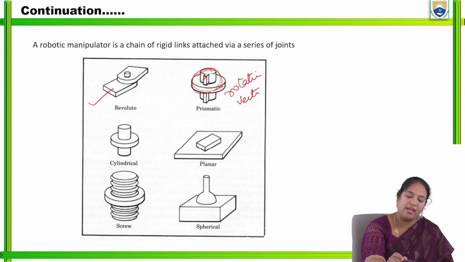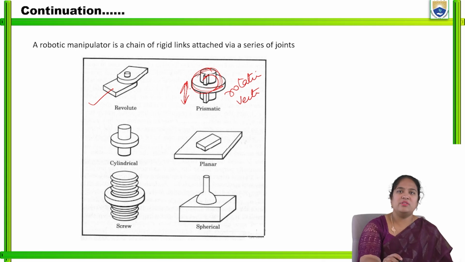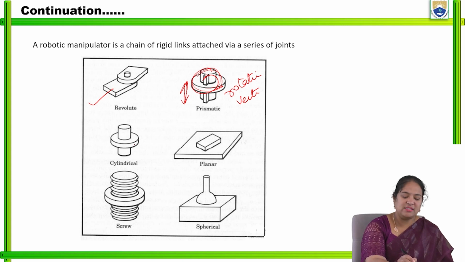That is, it can rotate and it can also move up and down. Whereas in the cylindrical, here also it can rotate as well as move up and down, that is, in a vertical direction.